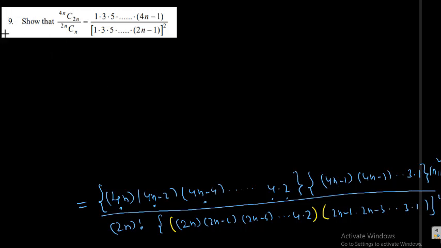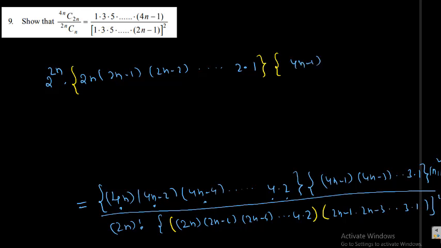So from each term 2 is taken common, which means 2 power 2n into 2n into (2n minus 1) into (2n minus 2) and so on, 2 into 1. So this is one bracket. The remaining thing you write as it is, that is (4n minus 1) into (4n minus 3) into dot dot dot 3 into 1 as it is, into n factorial square.